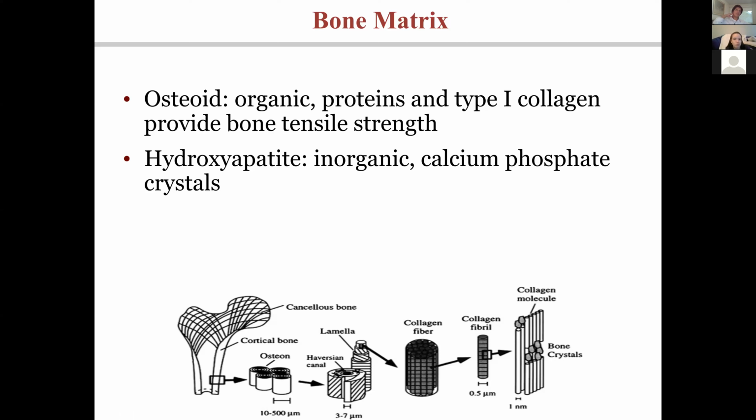Osteoid is deposited by osteoblasts, and this osteoid, which contains collagen, has calcium phosphate crystals deposited within it, and that is how you get collagen and these calcium crystals mixed together to provide strength.